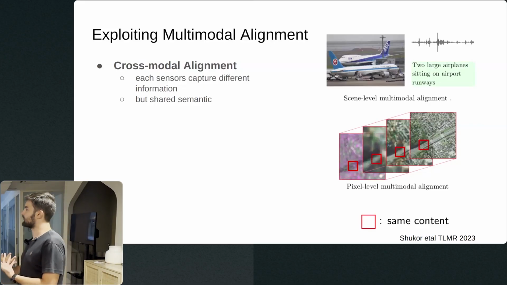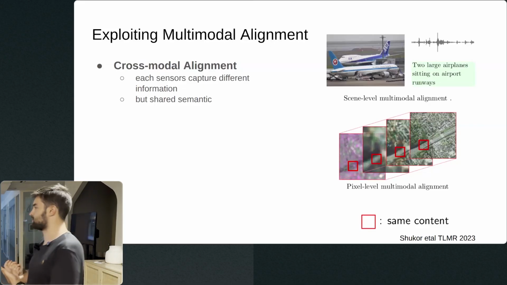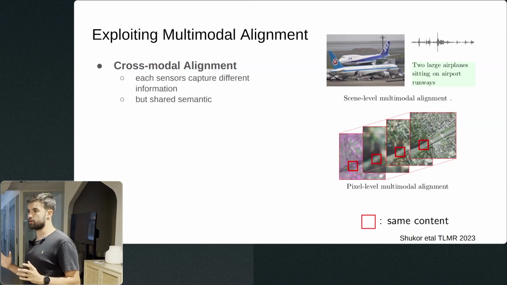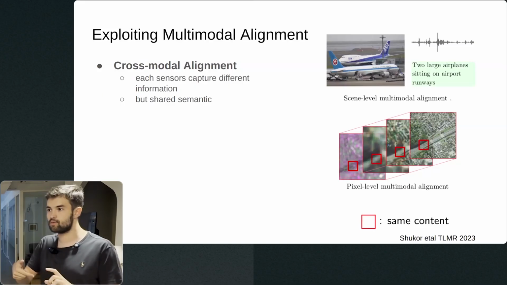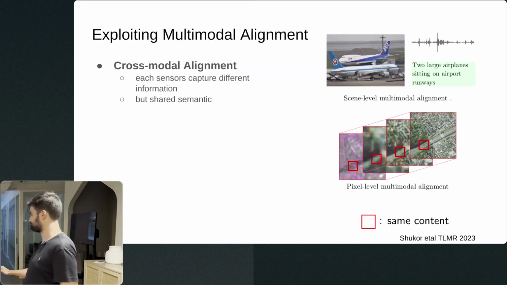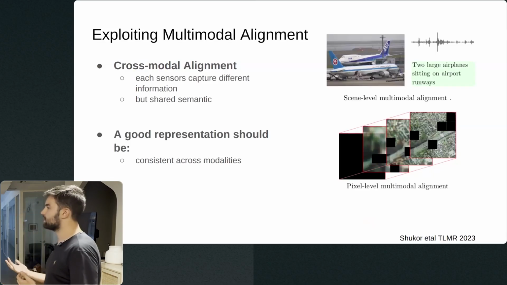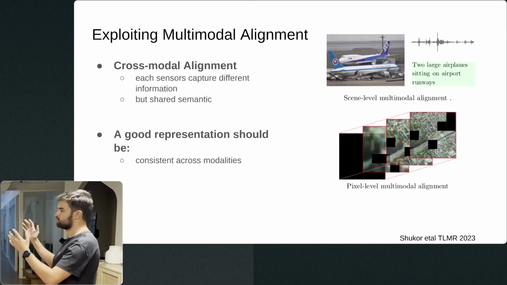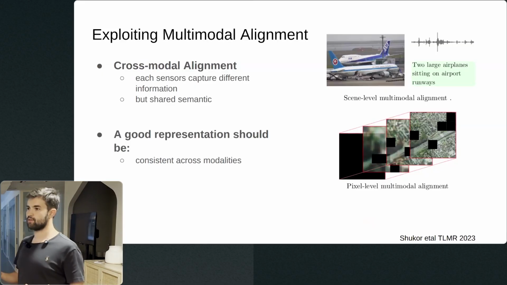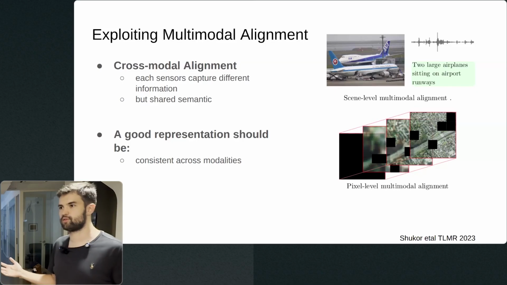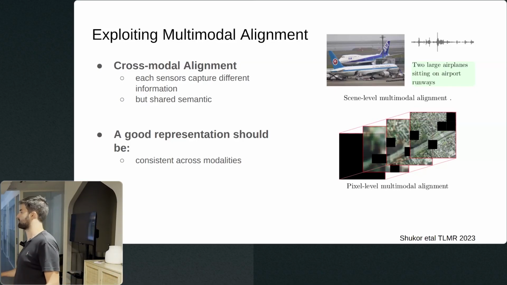But they capture different information because these are different sensors. But in the end, they encode the same semantics because they capture exactly the same place on Earth. So we would like a good representation for all those different modalities to be consistent because you capture the same region across all sensors.